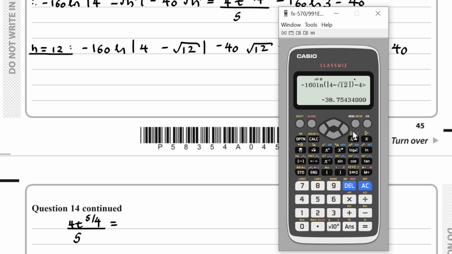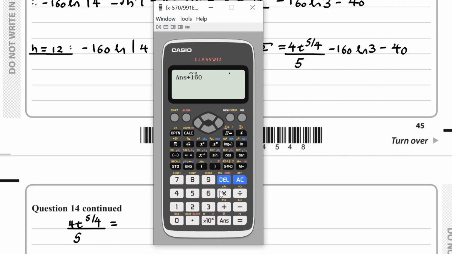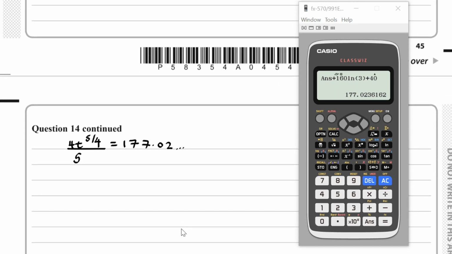So we get minus 38 point something, and then we add on 160 times the natural log of 3 plus the 40. It turns out we get 177.02 etc.